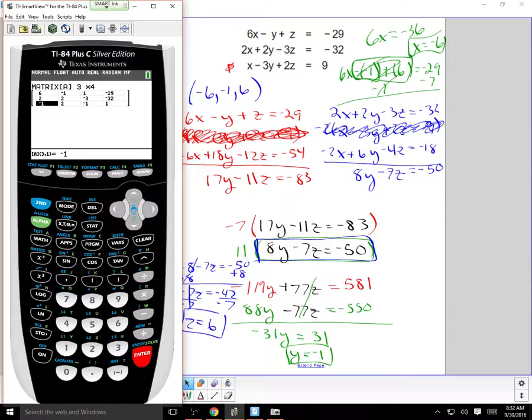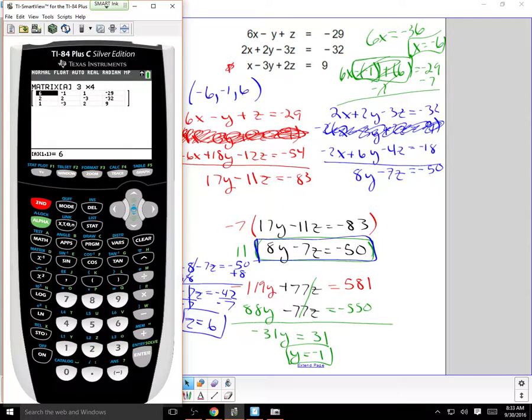And then we got 1, -3, 2, 9. Okay, so I'm just going to double check that all. 6, -1, 1, 29. 2, 2, -3, -32. Looks good. So I've got all my numbers in.